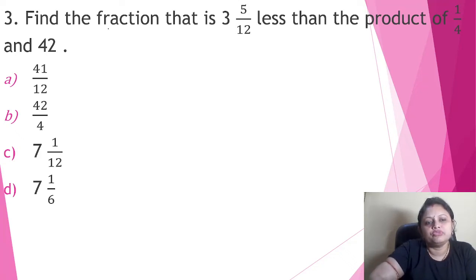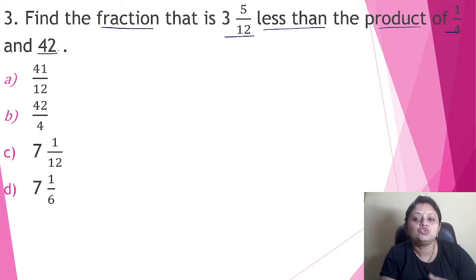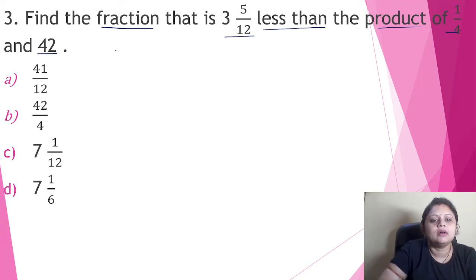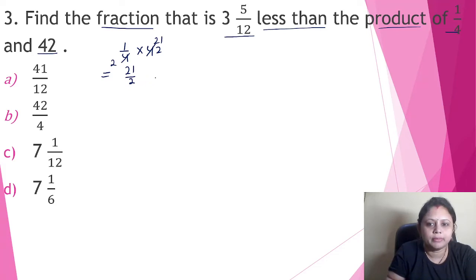So first we need to find the product of 1 by 4 and 42, that is 1 by 4 into 42. If we cancel it with 2, it is 21 by 2.